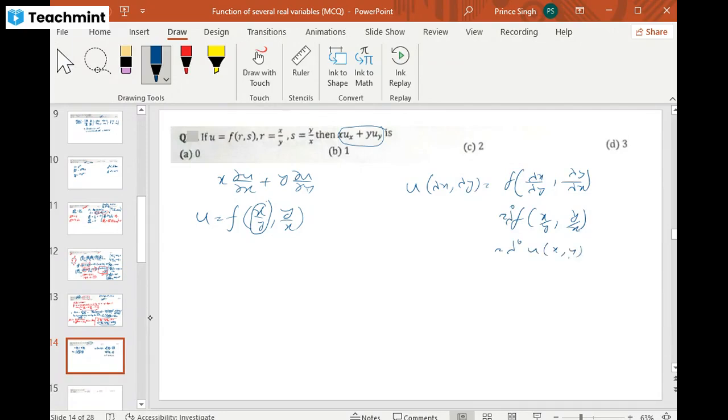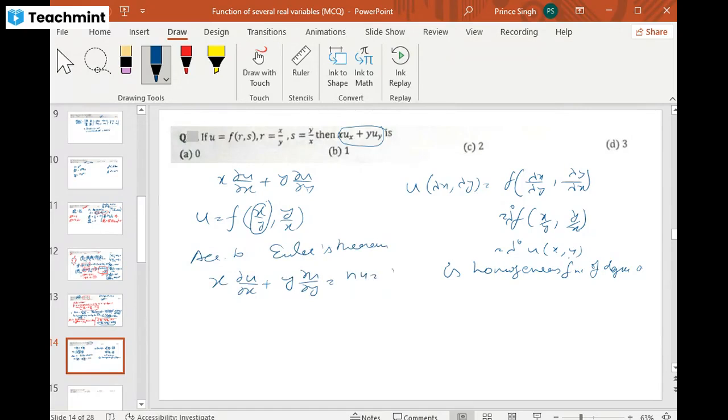It means that it is a homogeneous function of degree 0. According to Euler's theorem, the value of x curly u upon curly x plus y curly u upon curly y is equal to nu. What is n? 0. So the answer is 0.